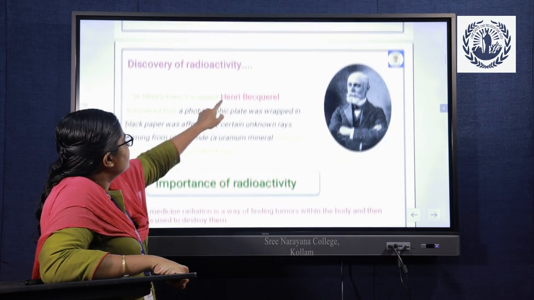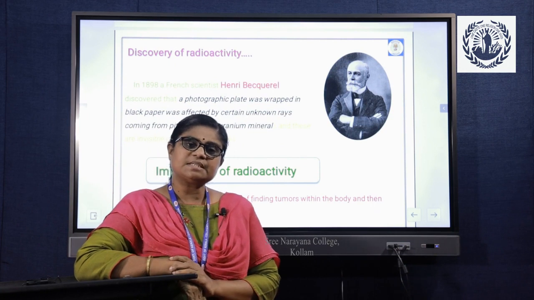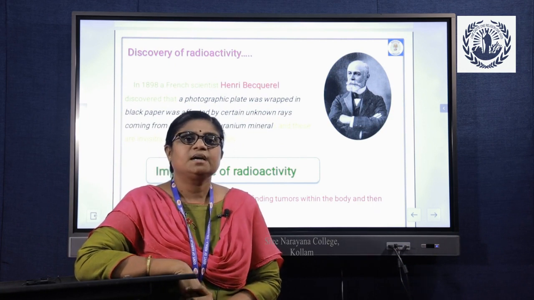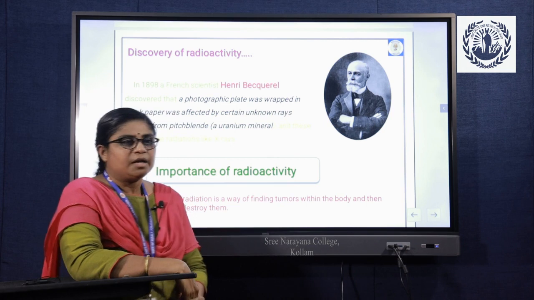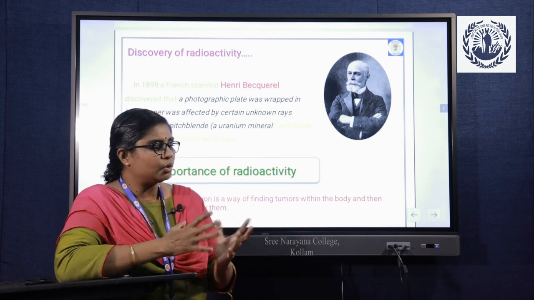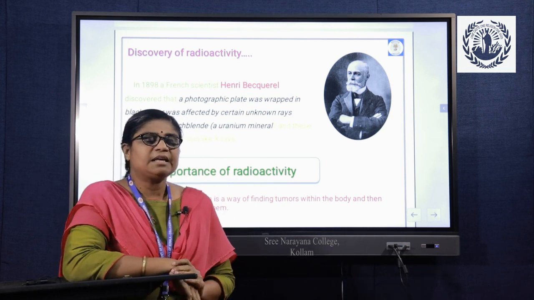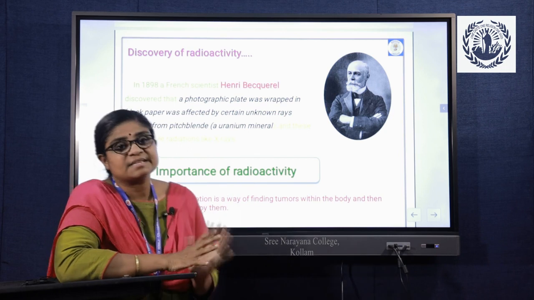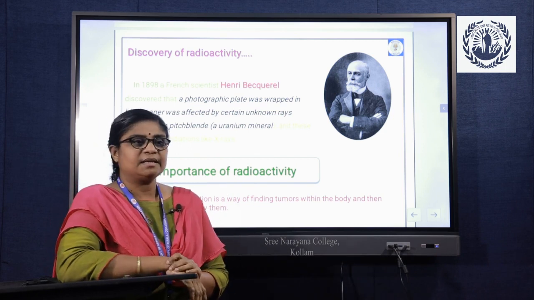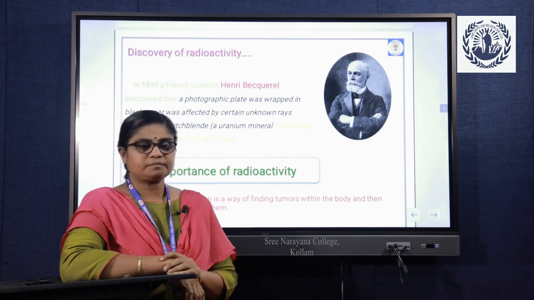Now coming to the discovery of radioactivity. Radioactivity was discovered by a French scientist, Henri Becquerel. Actually, he was not doing radioactive experiments. He was doing some other experiments, and he found the radioactivity accidentally. He was doing some experiments with uranium.